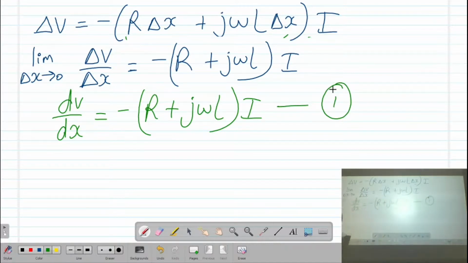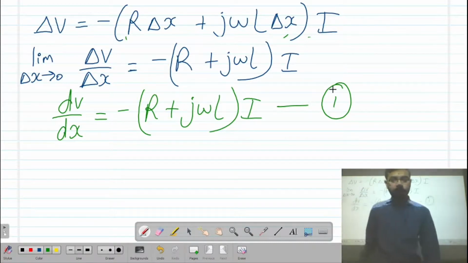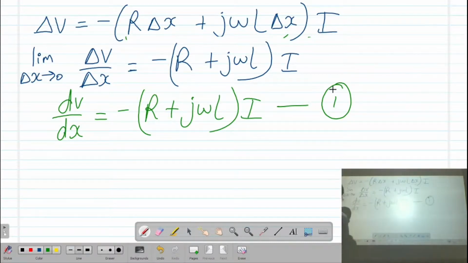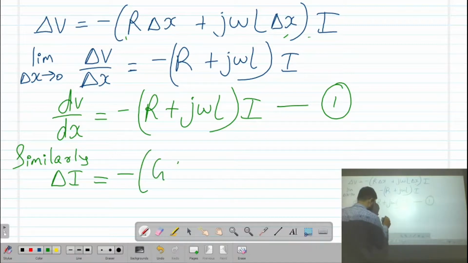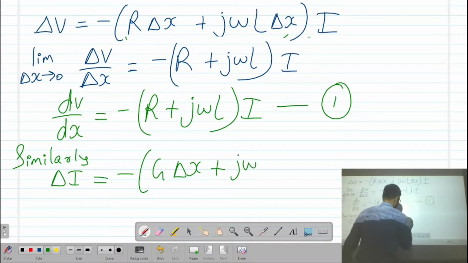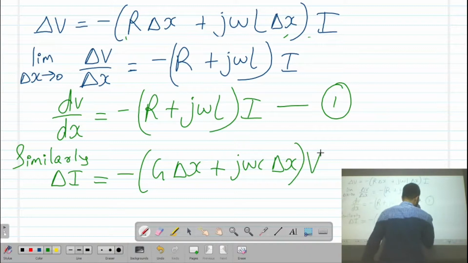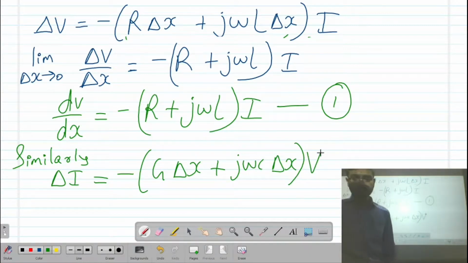Similarly we can have the current relation. Delta I is equal to minus of G delta x plus j omega C delta x into V. This is with respect to current.